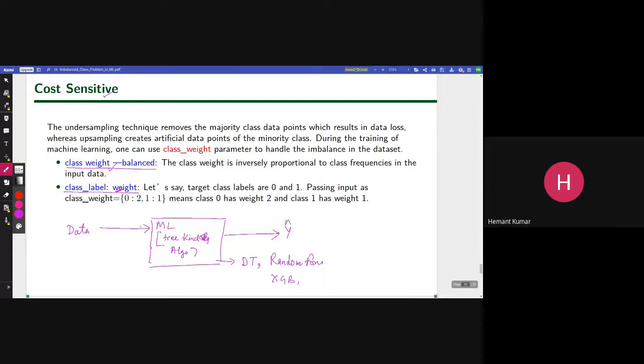So the cost sensitive approach is applied during the training time, not before, or in the pre-processing time.